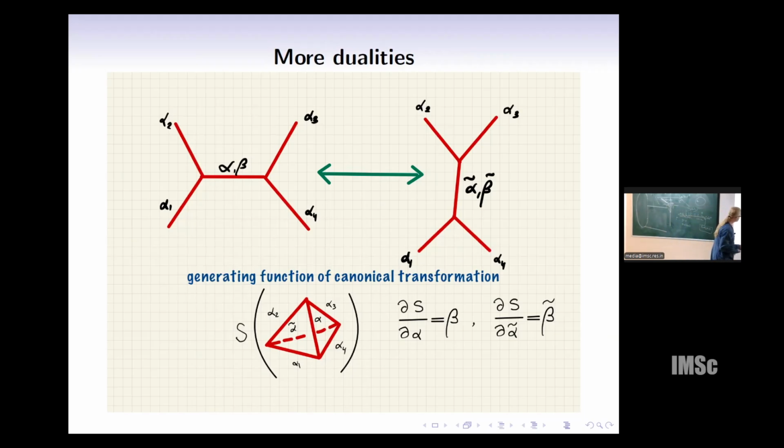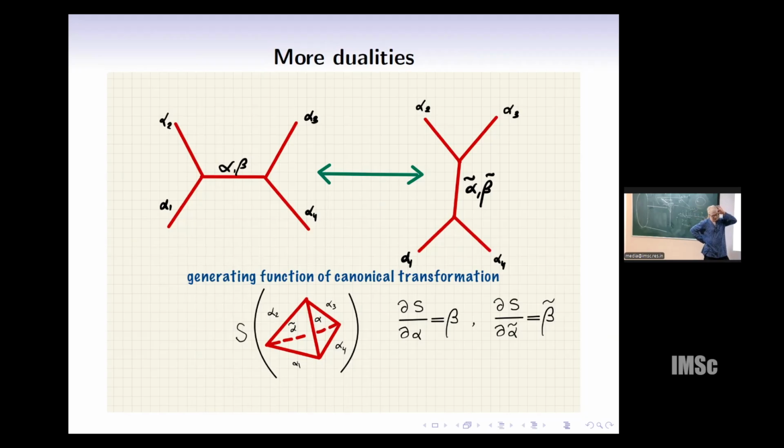There are interesting duality transformations which correspond to those flips. Instead of flipping on this diagonal, you start flipping across that diagonal. And there are interesting canonical transformations which relate different systems of Darboux coordinates.